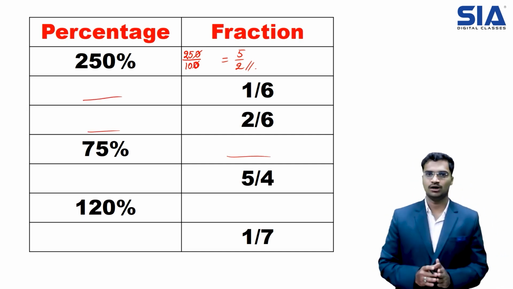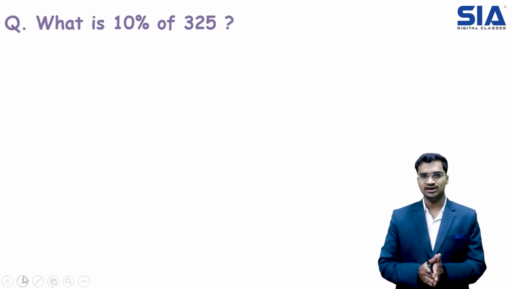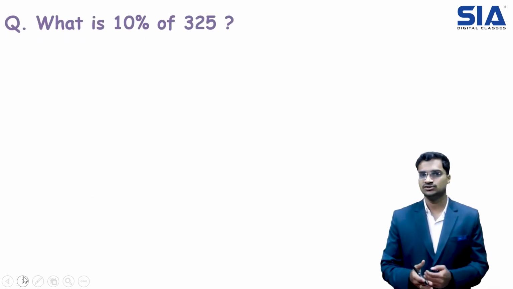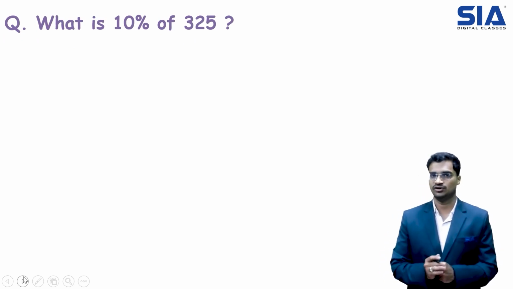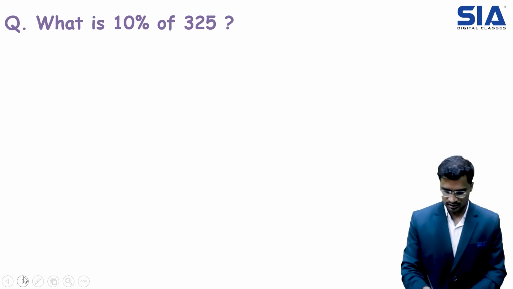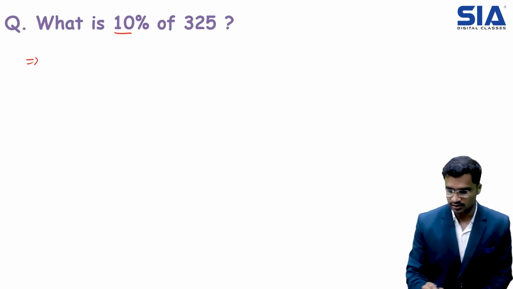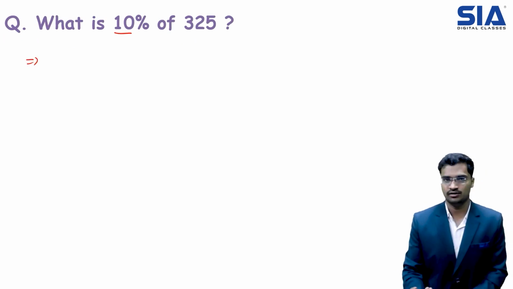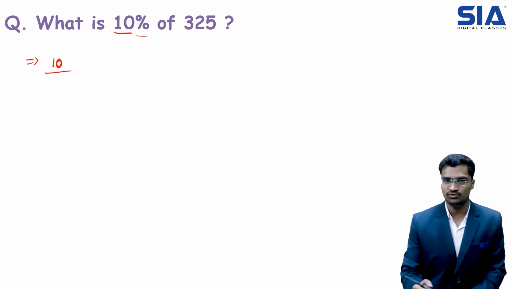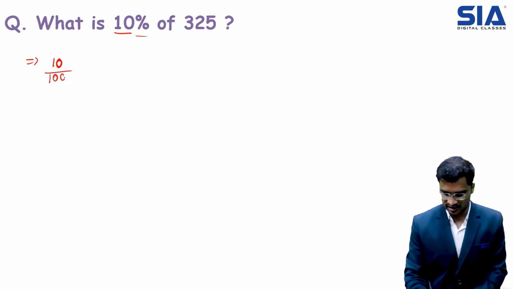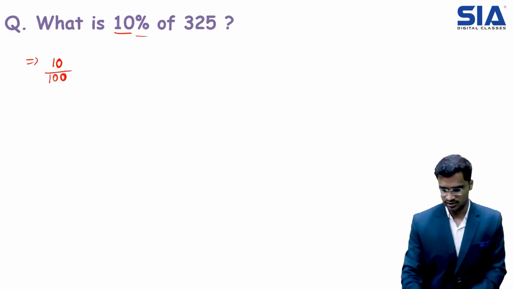Okay, now coming to the next one. In this next one, we will be solving some questions. What is 10 percentage of 325? We have to solve this. Let us write this in equation format. Whenever we see a percentage symbol, we have to write it as 10 by 100.